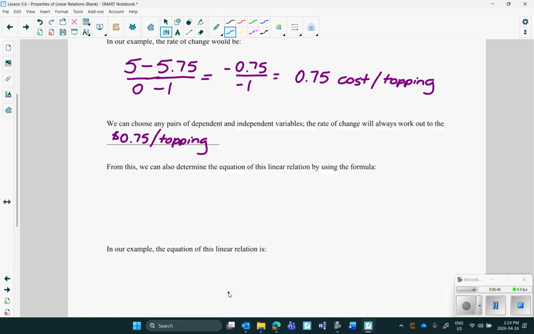And we can find the equation of linear relations using the following formula.